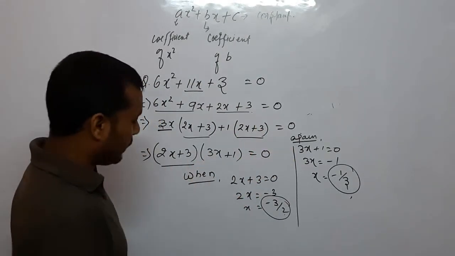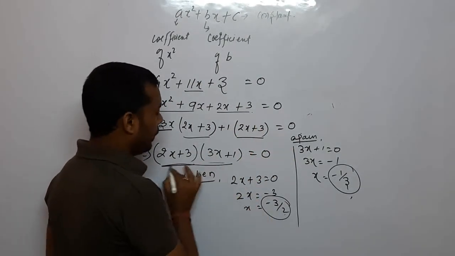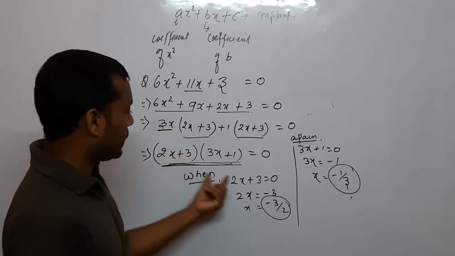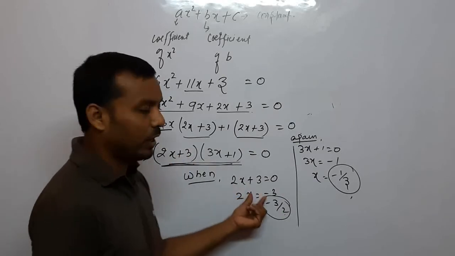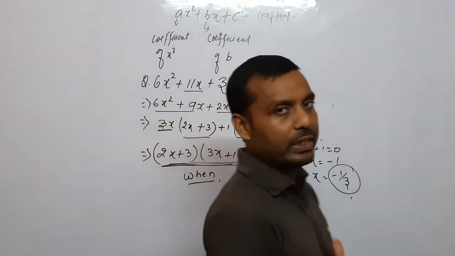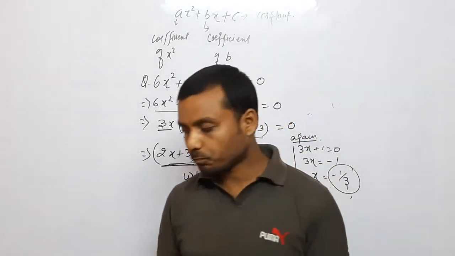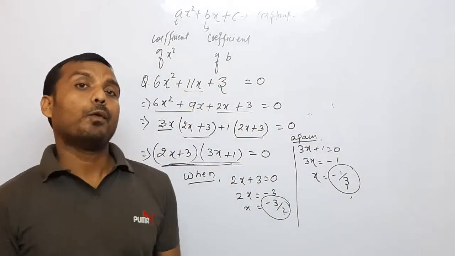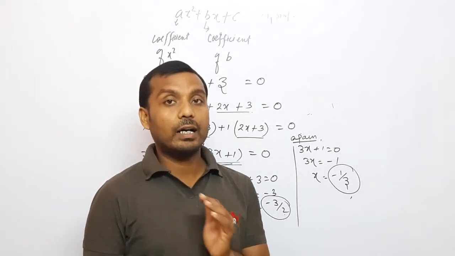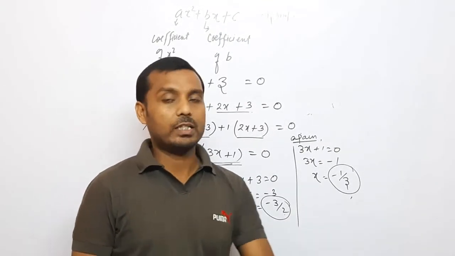After the factorization is completed, here we are having 2x plus 3, we equate it equal to 0, and 3x plus 1 we equate equal to 0. Okay, so in this way we can factorize, and we can determine the value of the variable also. We will see one more question.